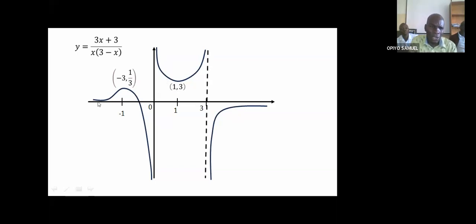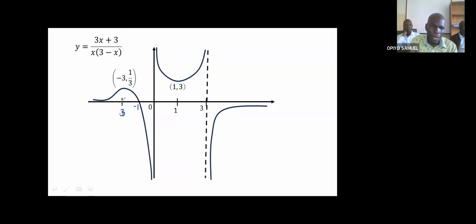So in the region x less than -1, we saw that the curve is positive, so it must lie above the x-axis. Meanwhile, from -1 to 0, the curve is going to come down. Sorry, let me make a correction. First of all, this point should be -3. This point is -3, and -1 is right here.